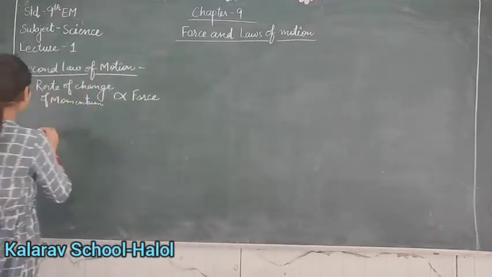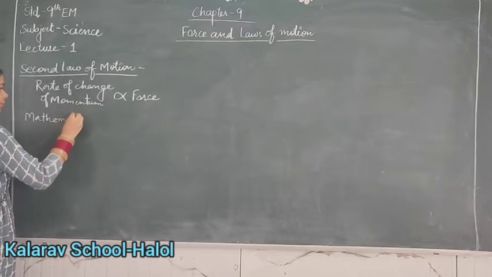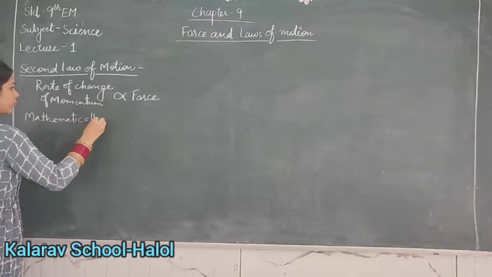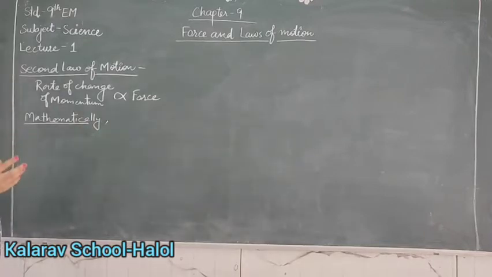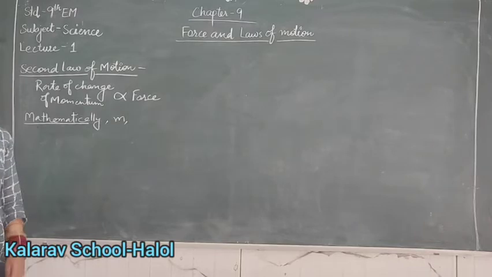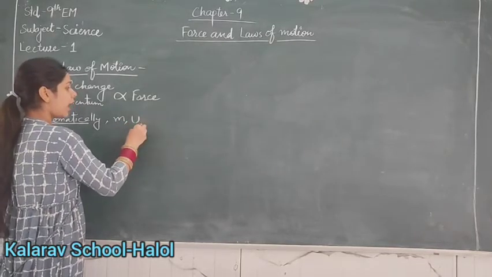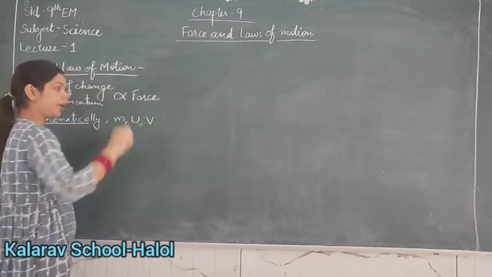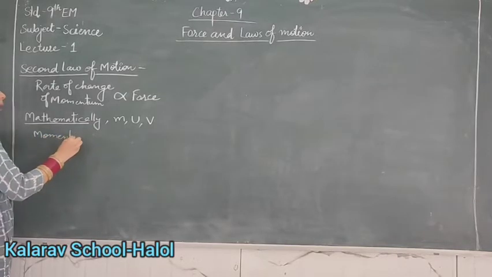Mathematically, consider a body of mass m moving with an initial velocity u and a final velocity v.